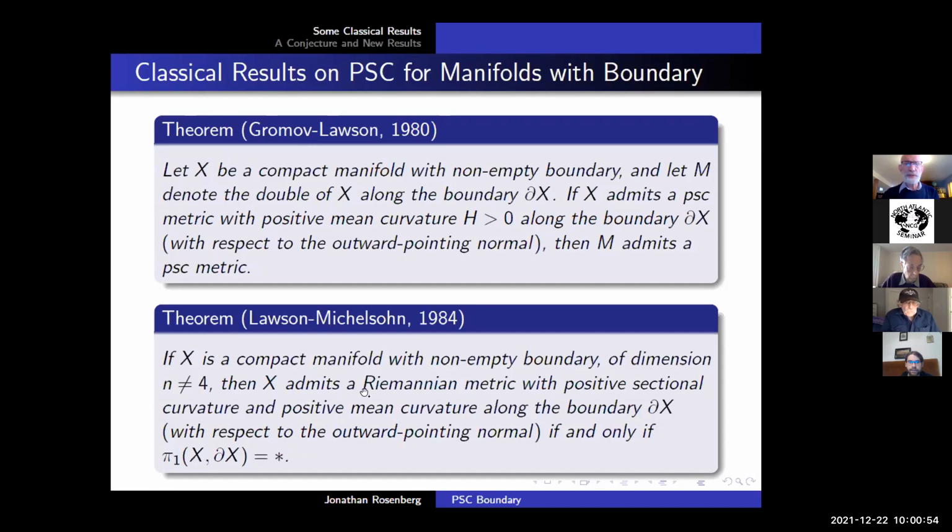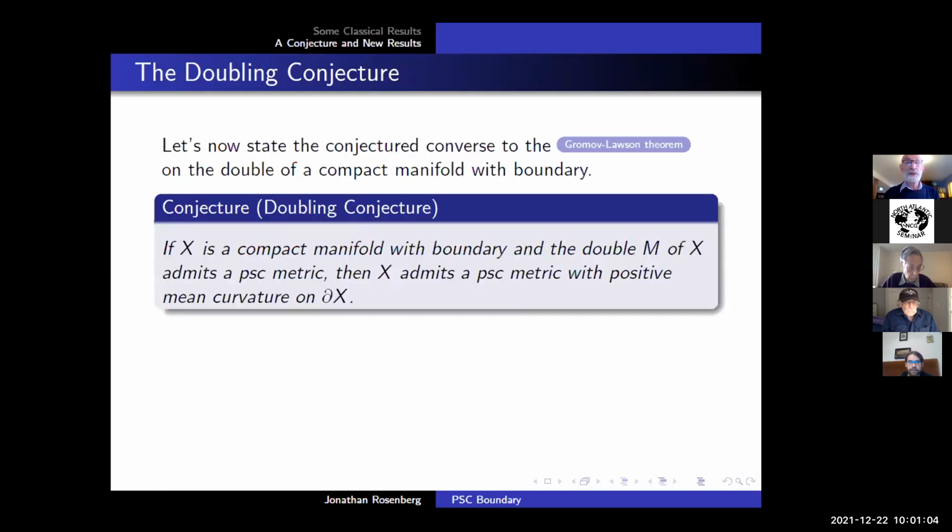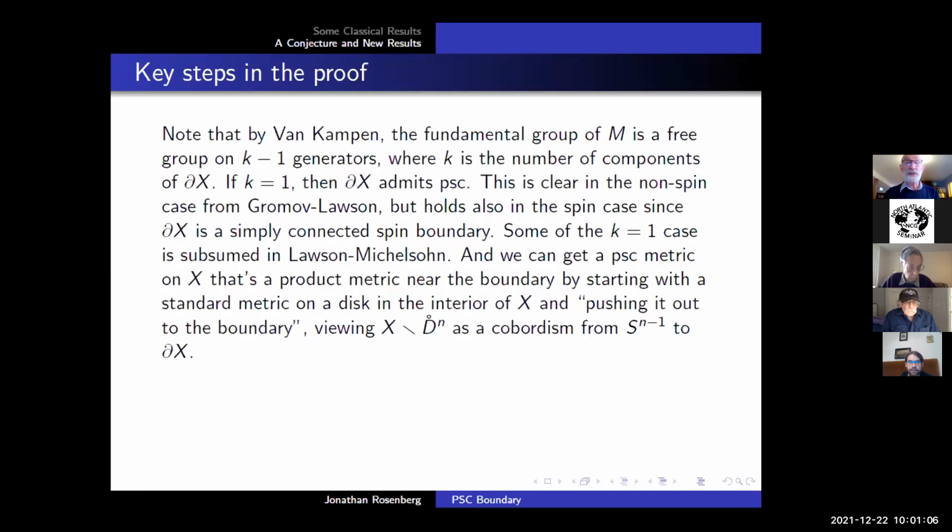And then you always have a metric on X with positive mean curvature on the boundary. And then of course by Gromov-Lawson, you have a metric on the double of positive scalar curvature as well. So you can get a lot of this out of Lawson-Michelsohn.